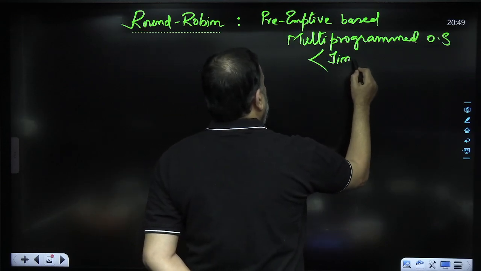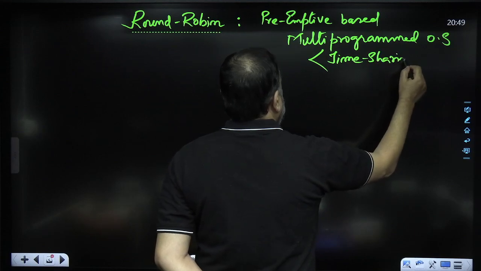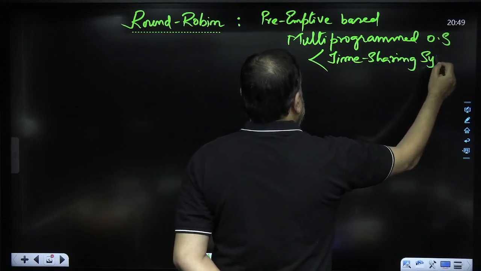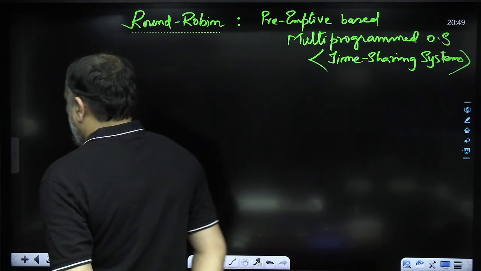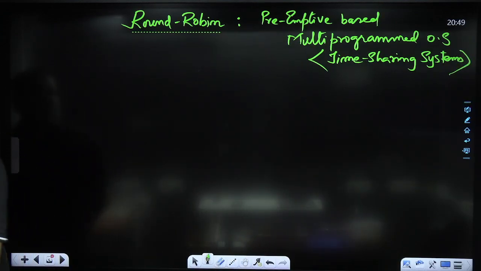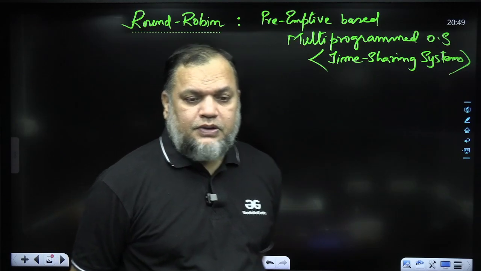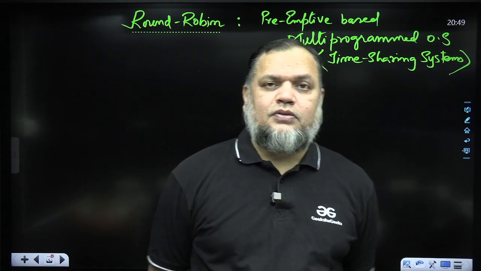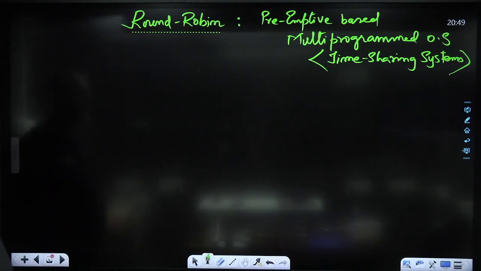I will not be wrong if I say it is used in interactive time sharing systems. And to add on, the initial versions of the Unix operating system used this scheduling mechanism by the name round robin.